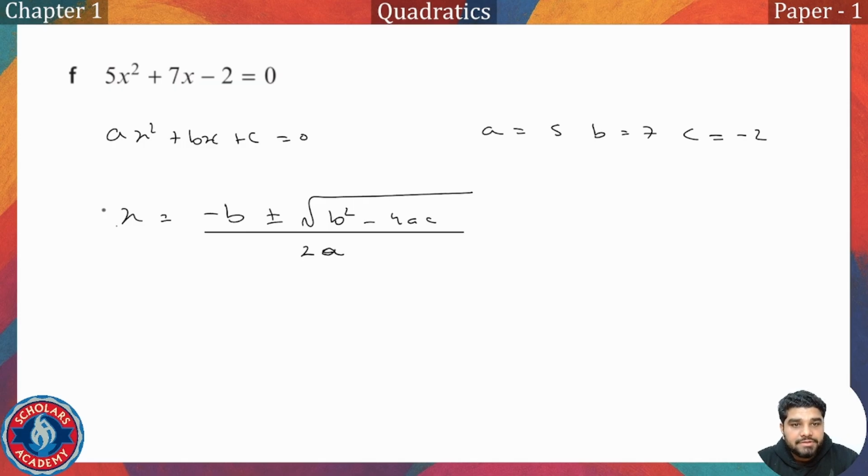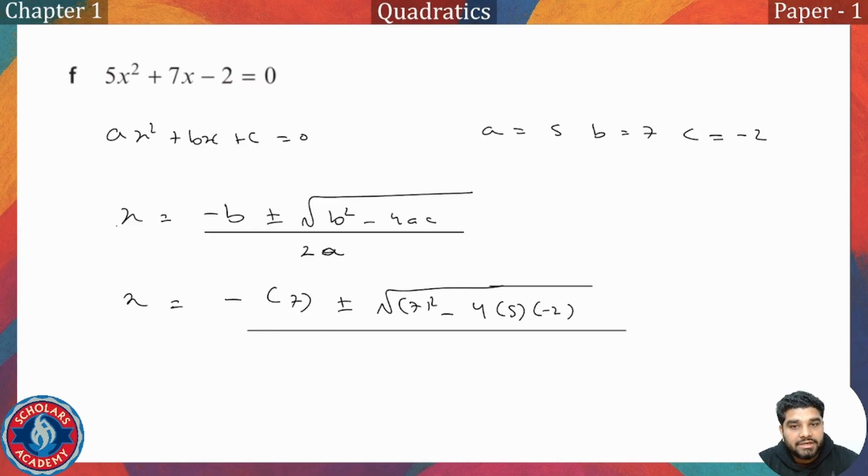So if we substitute these values, we get x is equal to minus 7 plus minus root of square of 7 minus 4 times a, which is 5, times c, which is negative 2, whole divided by 2 times a, which is 5.